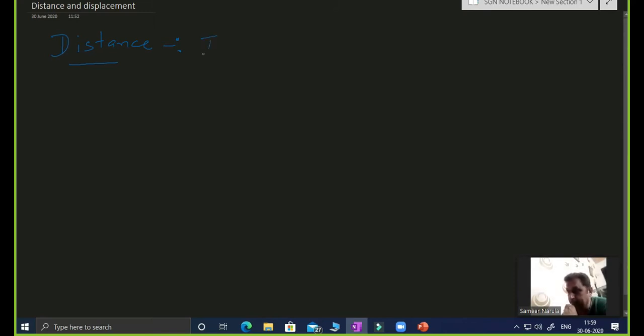Distance is defined as the actual path traveled by an object between its initial and final position.